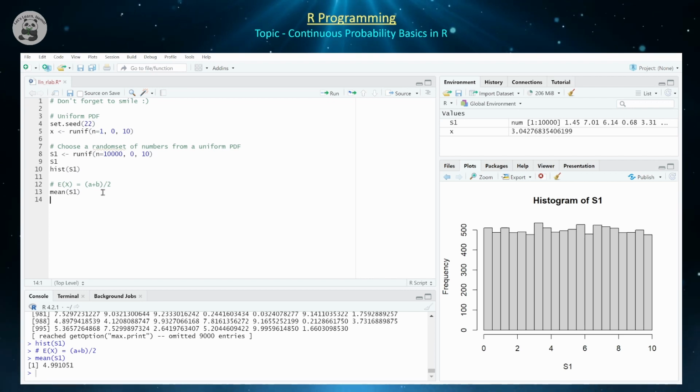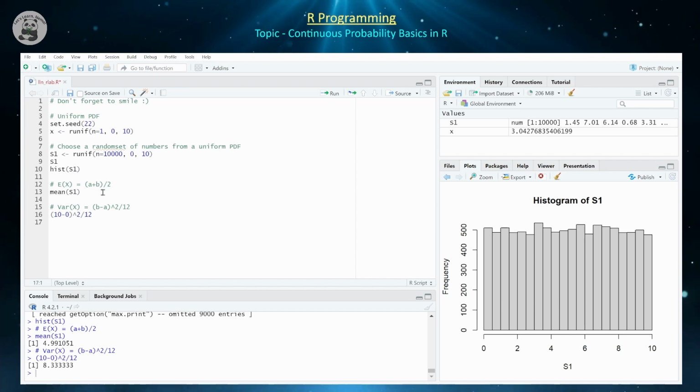We can look at the variance as well. If you remember, the variance of a continuous uniform random variable is equal to (b minus a) quantity squared, all divided by 12. In the theoretical case, that's equal to (10 minus 0) quantity squared, divided by 12, which is equal to 8.333.